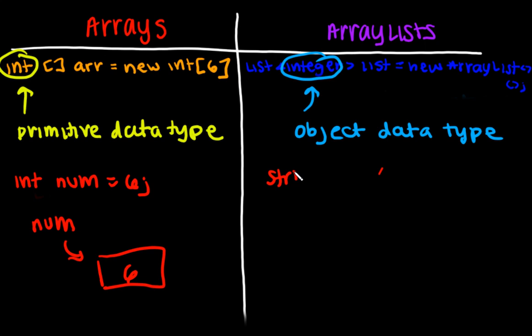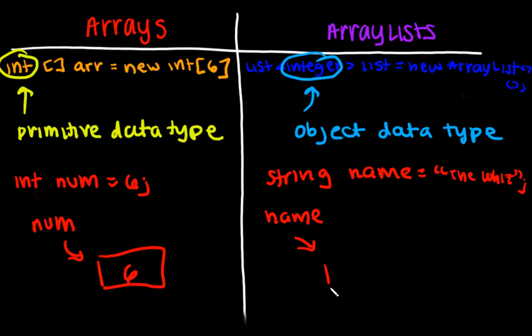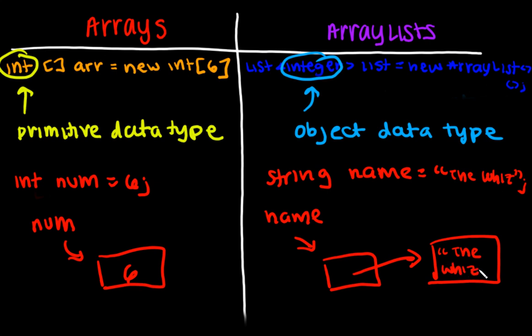However, if I create a string, which is an object, name, equal to the Wiz, I can have name, and what it'll do is that it'll lead to a box with a pointer to a bigger box where it's actually stored. And these boxes are allocations in memory.